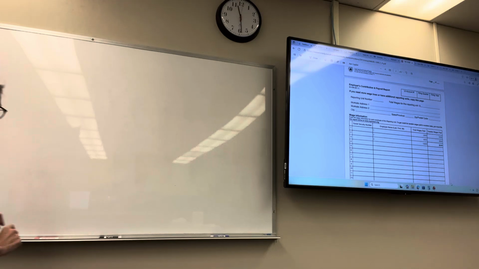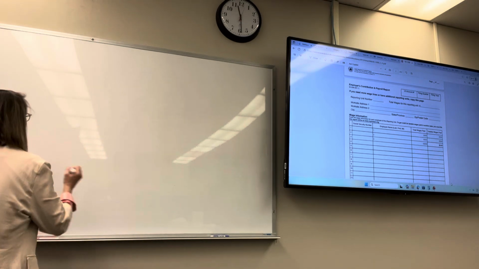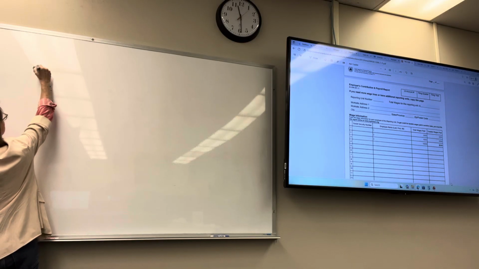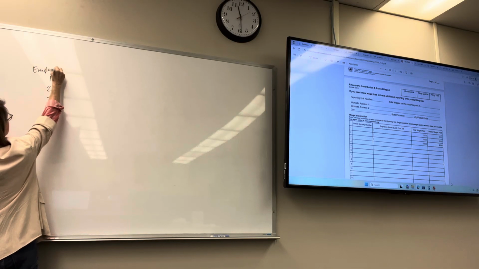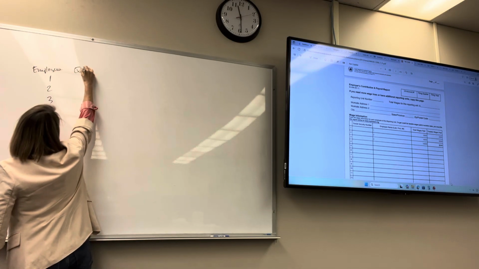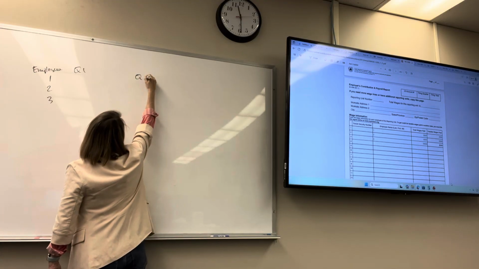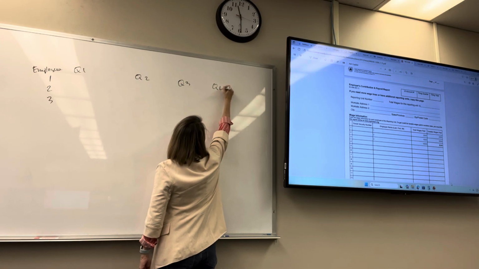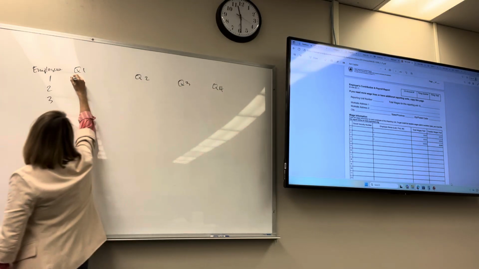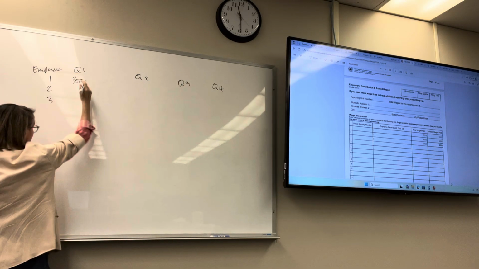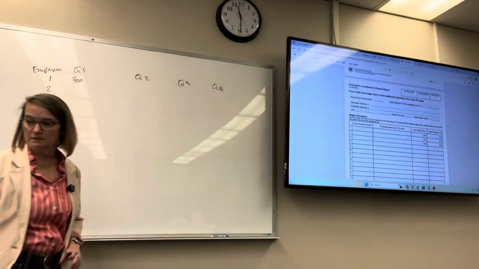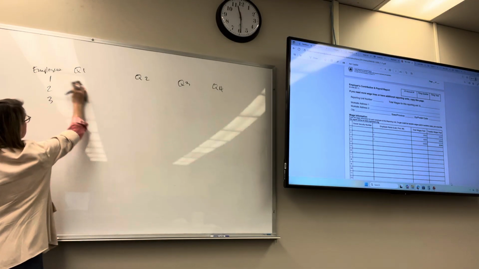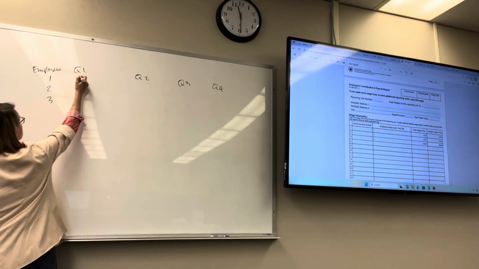In fact, I'm going to put this up here so it makes it a little bit more clear. So 1, 2, 3, these are employees, and this is our quarter 1, quarter 2, quarter 3, quarter 4. In this scenario, I had 3 employees that are paid equally throughout the year.